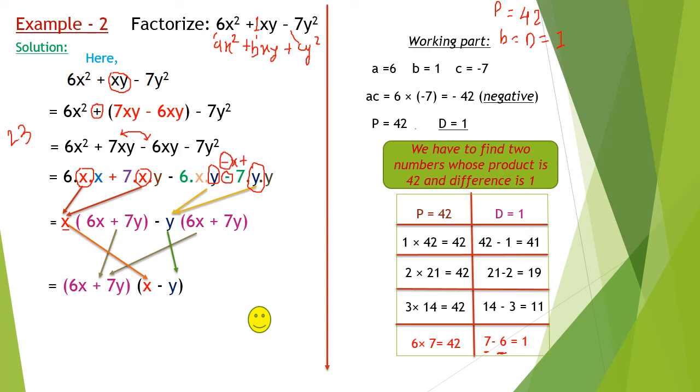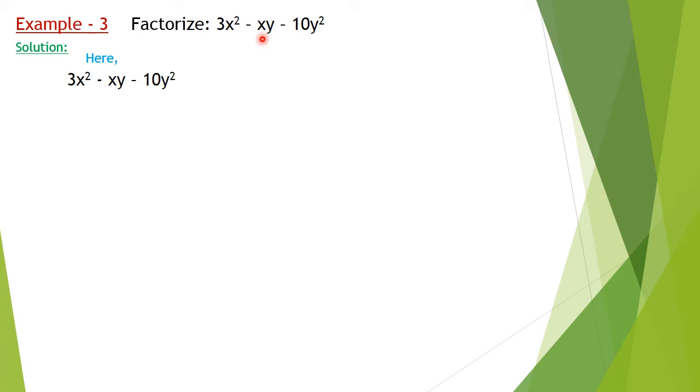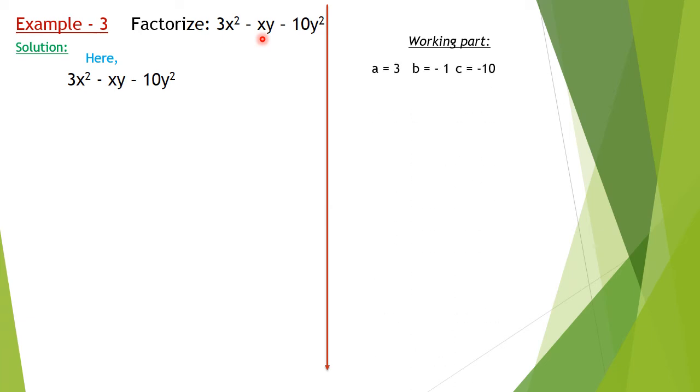You can pause the video and copy a similar sort of question. Here also you don't have to worry about A, B and C, as we have already discussed. We can easily write A is 3, B is minus 1 and C is minus 10.